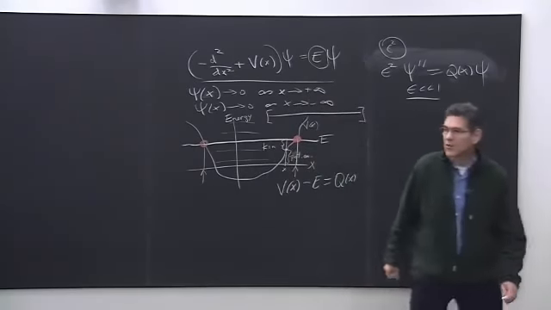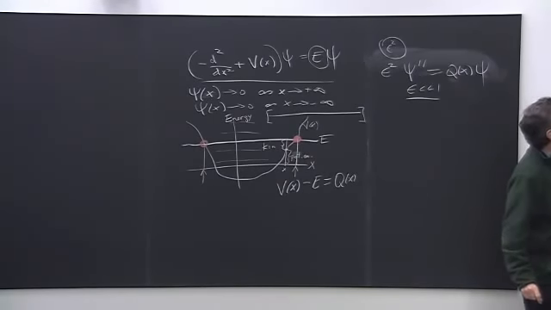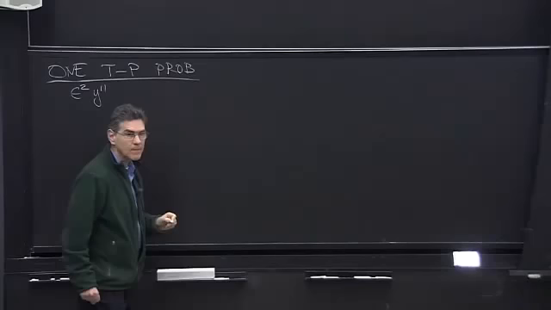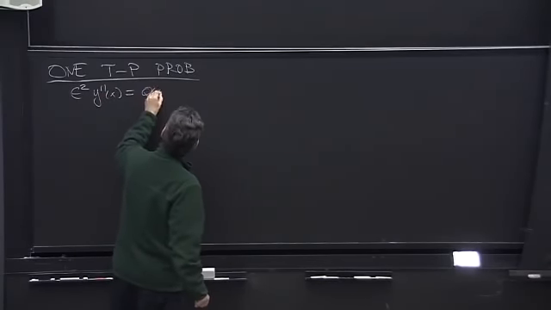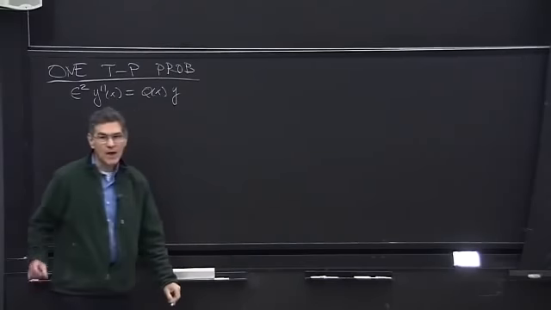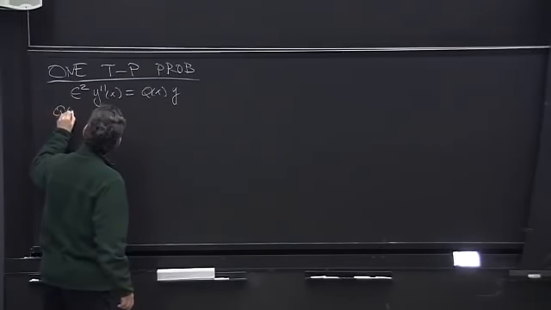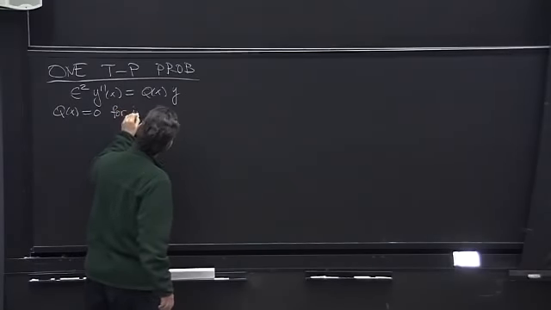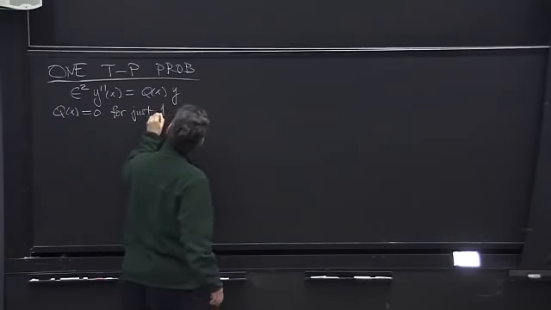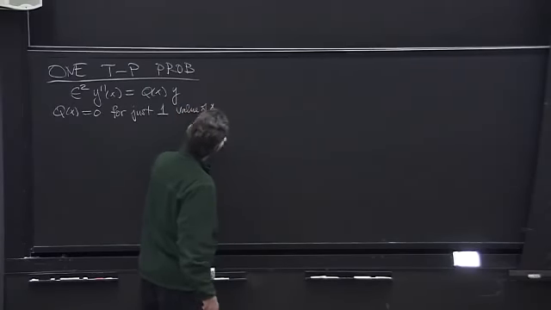And I would like to solve the following problem. Let's solve epsilon squared y prime prime equals Q of x times y. And these are the conditions of the problem. Q of x equals 0 for just one value of x.